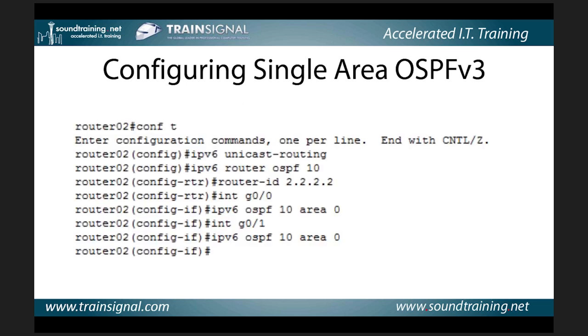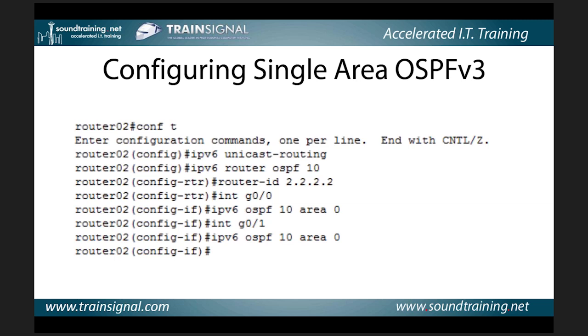So here's the slide, and then we'll go in and configure OSPF. You can see that we use the IPv6 unicast-routing statement to enable it, just like we did with static routes and with RIP. And then we start the OSPF routing process. So we use IPv6 router OSPF, and then we give it a process ID.